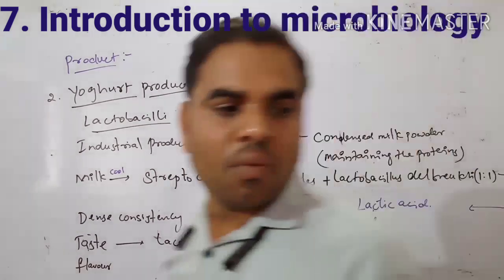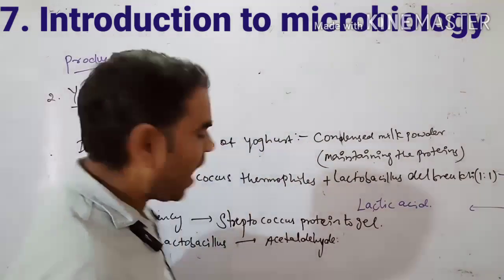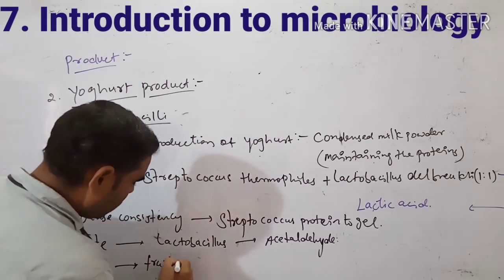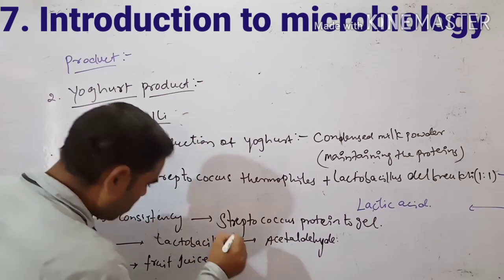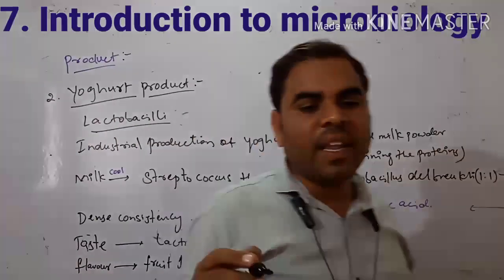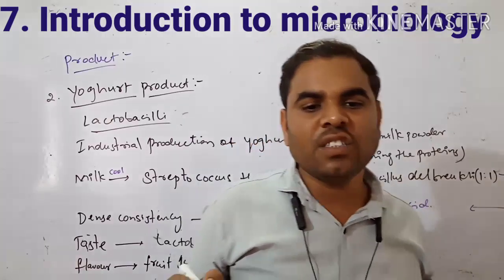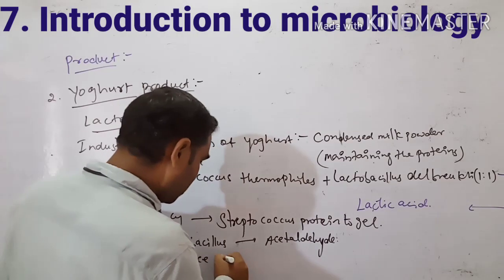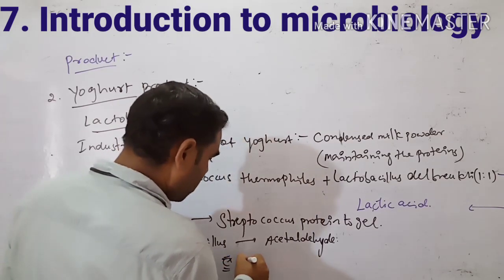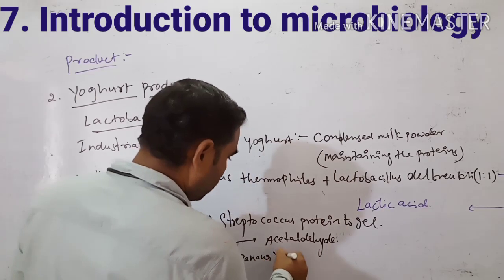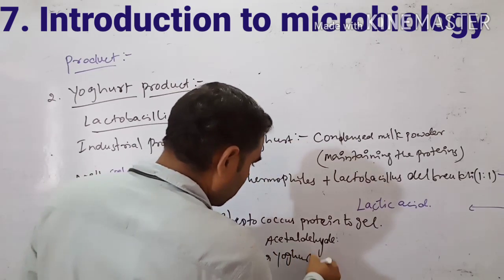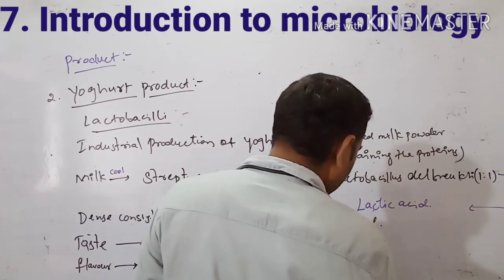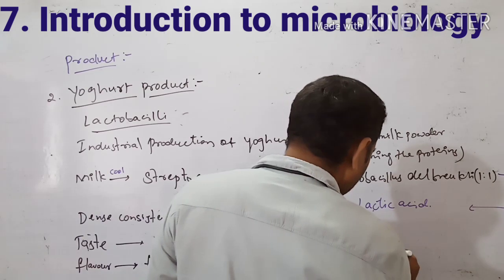Flavors are added through fruit juice. For example, we prepare banana yogurt and strawberry yogurt.